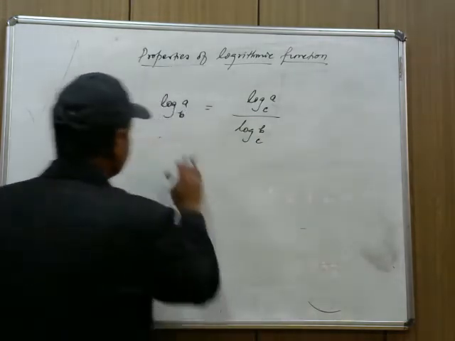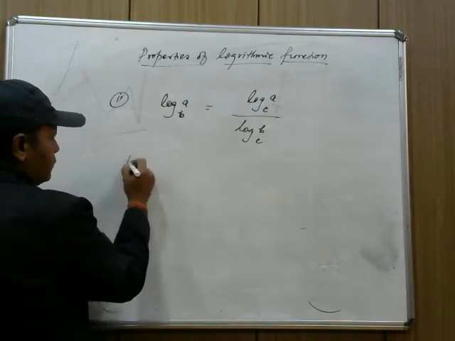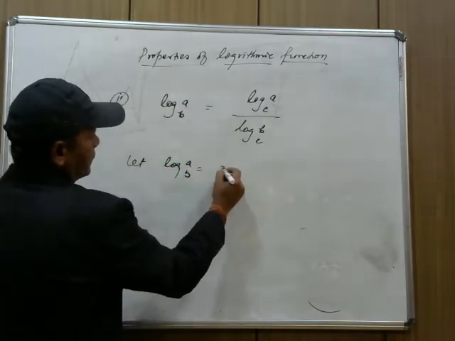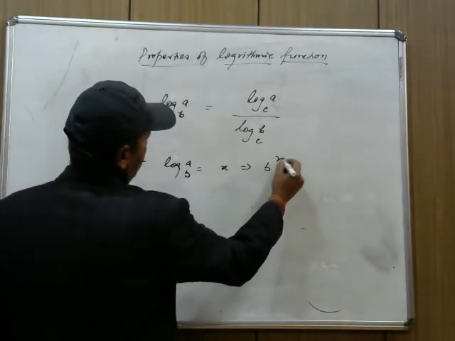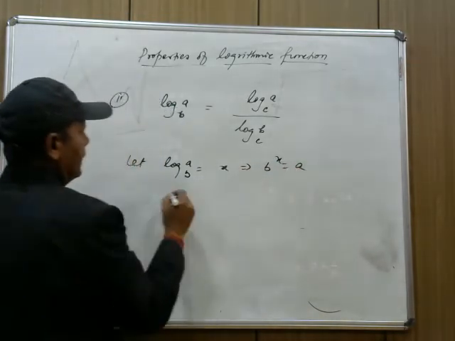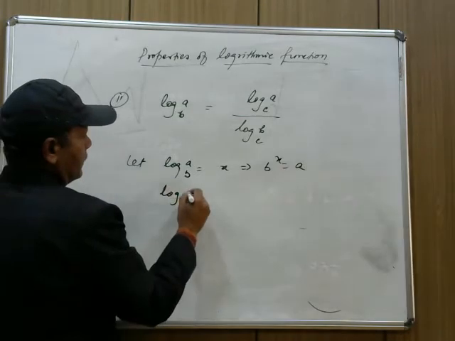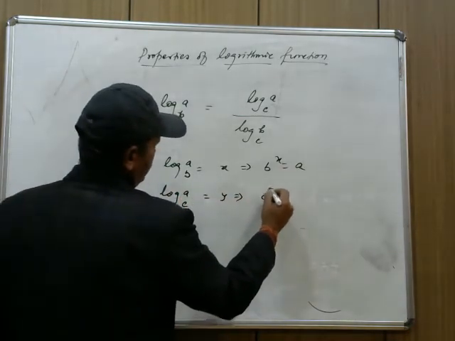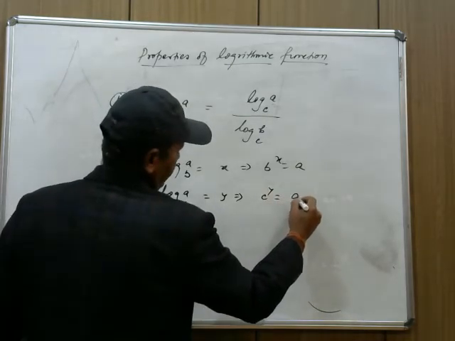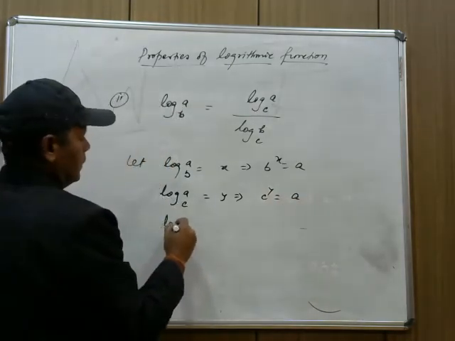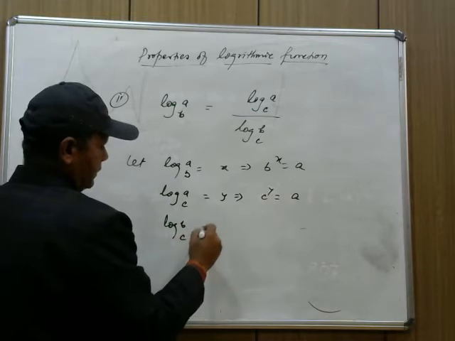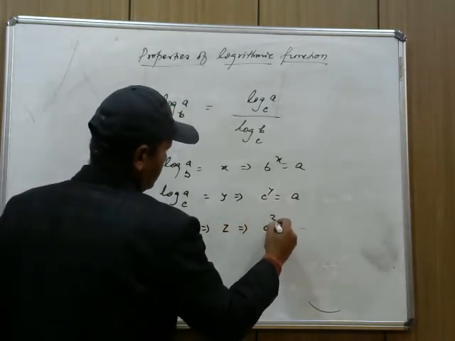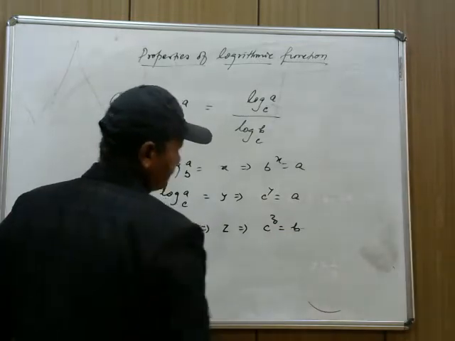Let us see now. This I'll show you. Let log of a to the base b is equal to x. It implies that b to the power x is equal to a, and log of a to the base c is equal to y. It implies that c to the power y is equal to a, and log of b to the base c is equal to z. It implies that c to the power z is equal to b.